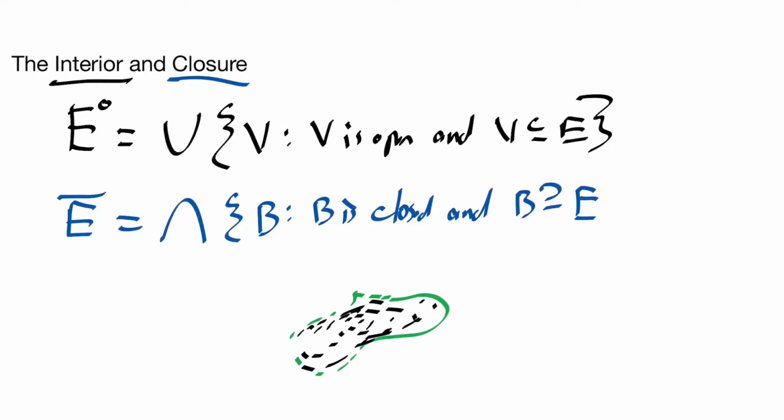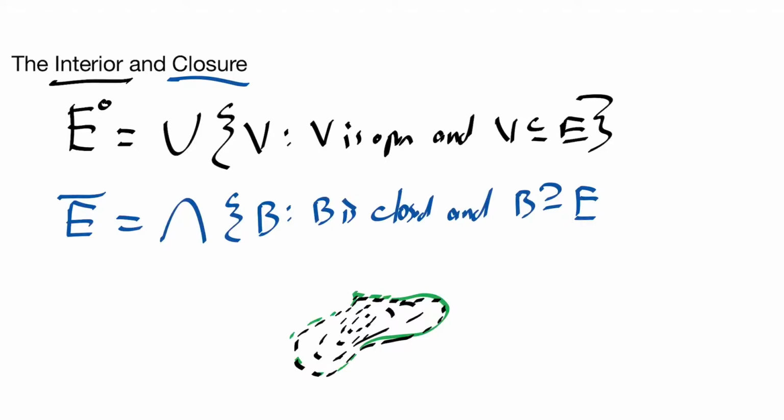We'll take larger and larger open sets, and eventually we'll get an open set that looks something like this, that basically is just hugging the outside edge. And if we take the union of all of them, that's what we get. So it's like we took all of our open sets and let them get larger and larger.